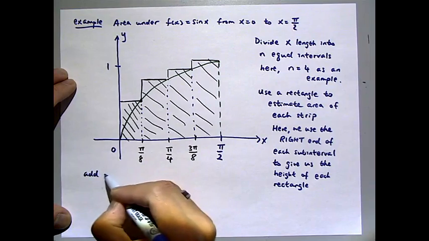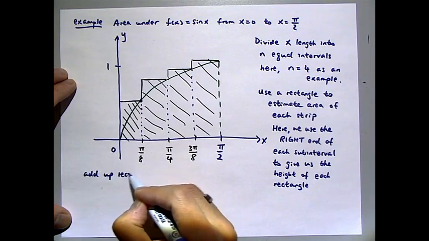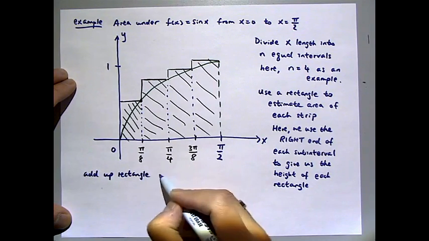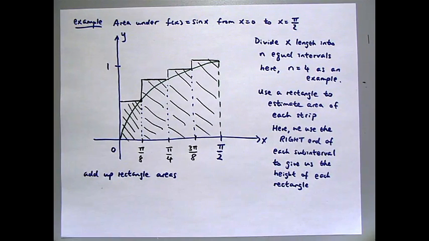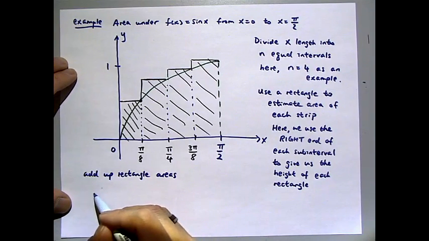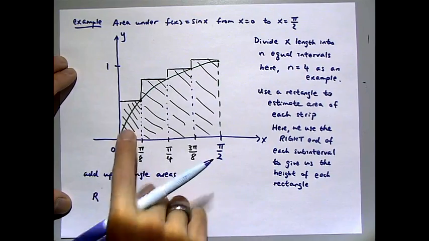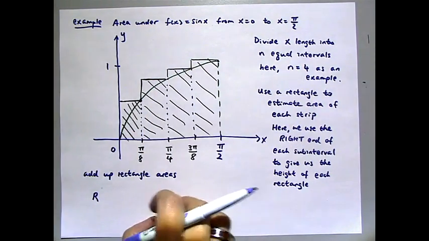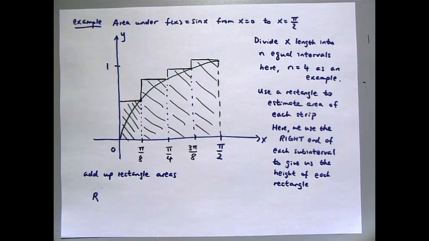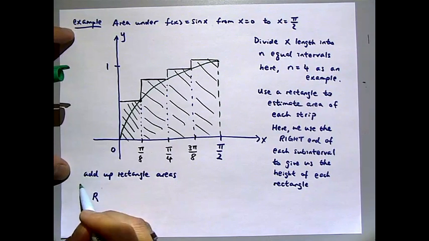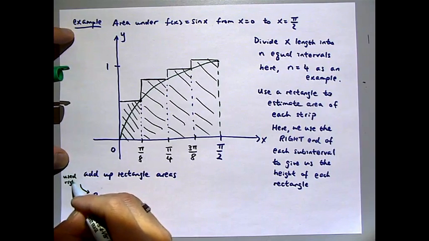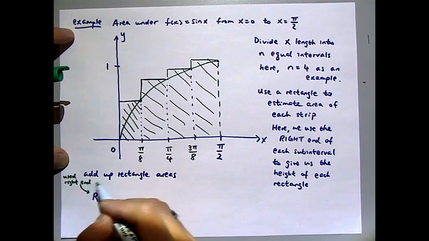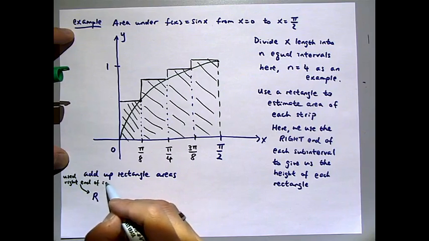Now we add up rectangle areas. The notation we use in this book, because I chose to use the right endpoint of each subinterval, I'm going to write a capital R that represents we use the right end of intervals.